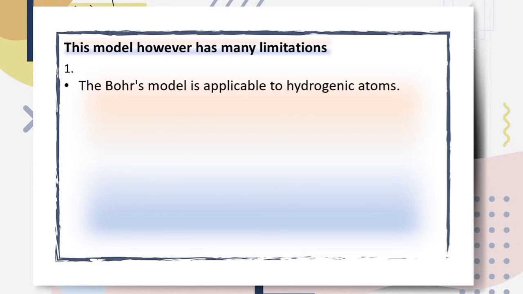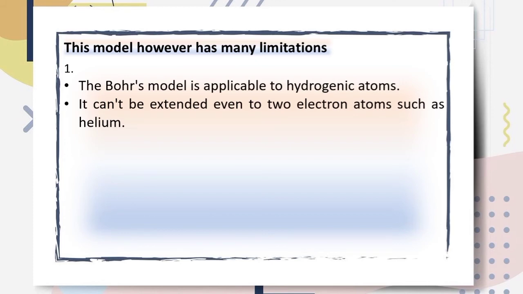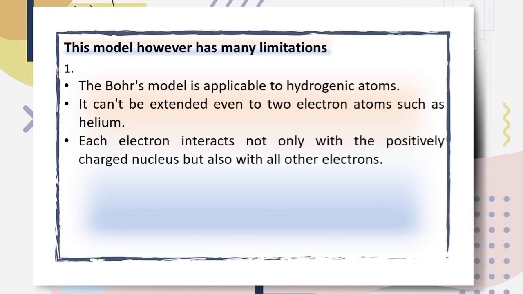However, Niels Bohr's atomic model has many limitations. The Bohr model is applicable to hydrogenic atoms. It cannot be extended even to two-electron atoms such as helium. The analysis of atoms with more than one electron was attempted along the lines of Bohr's model for hydrogenic atoms but didn't meet with any success, because each electron interacts not only with the positively charged nucleus but also with all other electrons.